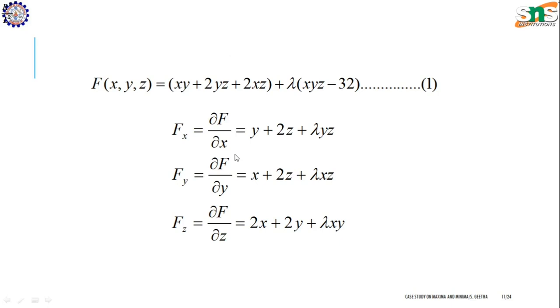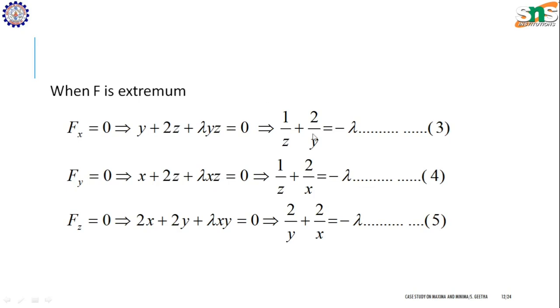Differentiating 1 with respect to x, we get y plus 2z plus lambda yz. Next, Fy, differentiating 1 partially with respect to y, we get x plus 2z plus lambda xz. And Fz, differentiating 1 partially with respect to z, we get 2x plus 2y plus lambda xy.